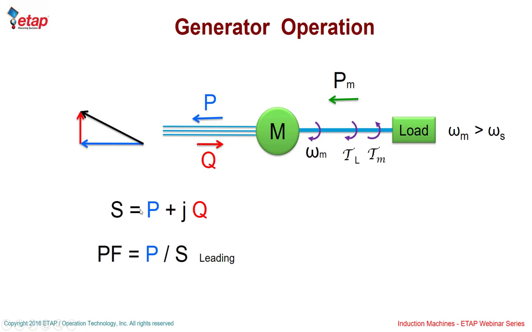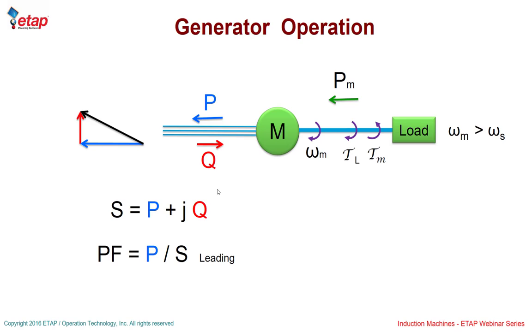On the electrical side, P plus jQ is your power flowing, but they're flowing in opposite directions, and therefore it is a leading power factor. Notice that Q in both operations is flowing toward the motor because the machine doesn't have an external DC field winding like a synchronous machine.